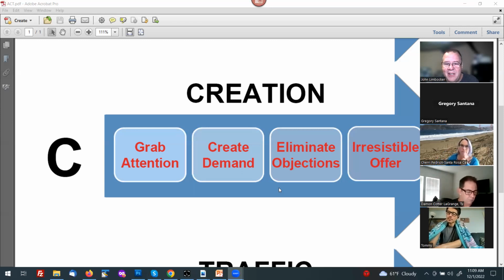So here's the creation process. The first thing, and again, this goes in this order. If you do these things out of sequence, it won't work. It might work in certain instances, but it's not a repeatable process. Like, let's say we jump over here to the irresistible offer. Let's say you create a phenomenal offer.